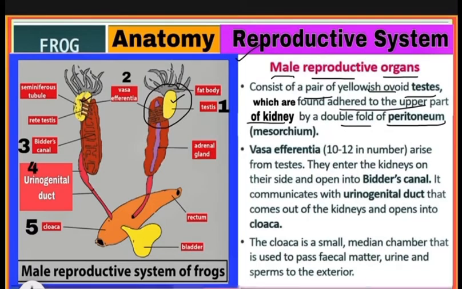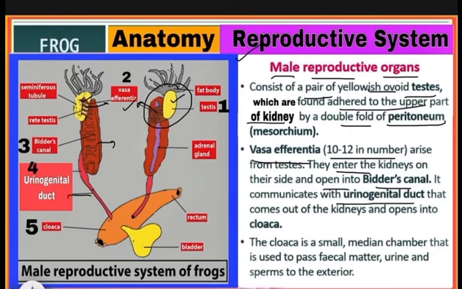Then there are vasa afferentia which are 10 to 12 in number. See the diagram. These are vasa afferentia. Okay. They enter the kidney on their side and open into Bidder's canal. This is Bidder's canal into which the vasa afferentia opens. Then this Bidder canal communicates with the urinogenital duct.